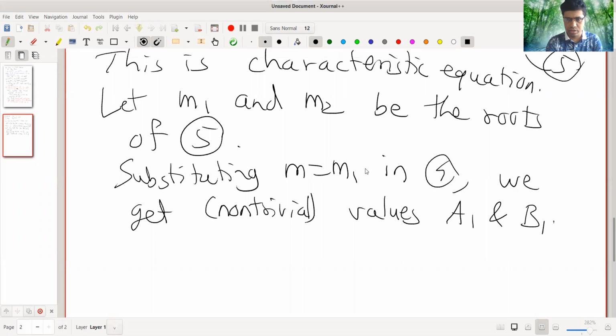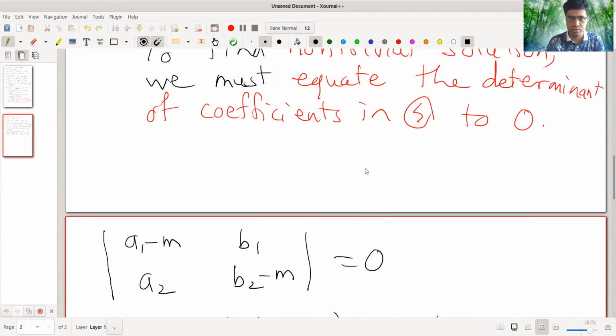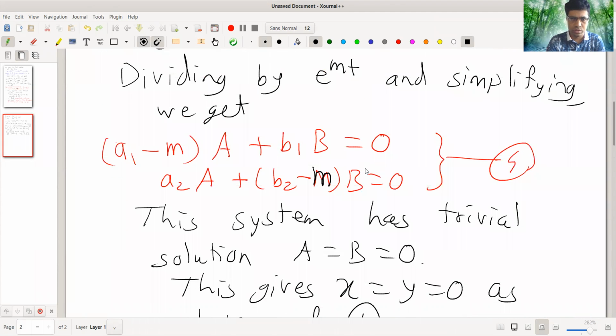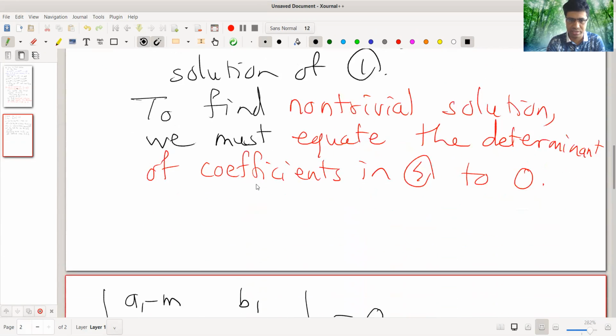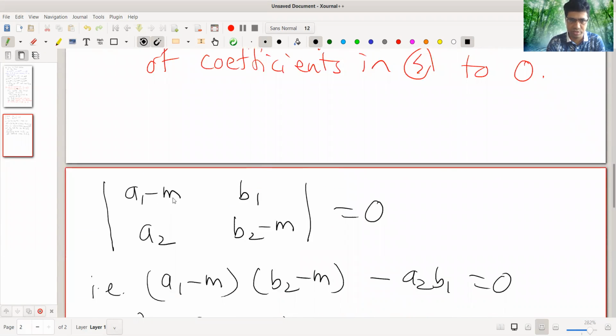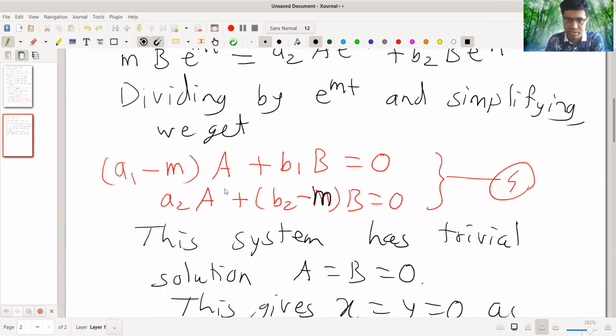Remember that there are two equations in system 4, but these two equations will produce a single equation because we are setting the determinant of coefficients to be 0. So the two rows in this matrix, the first row and second row, are constant multiples of each other. So we will get a single equation from these two equations in 4.